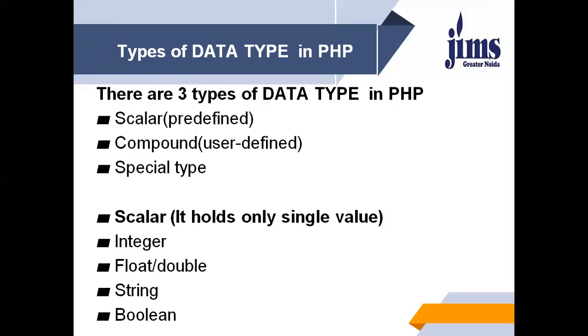And coming to string, strings are sequences of characters that are always internally null terminated. A string variable holds characters. There is no limit to the size. And a Boolean variable holds true or false.